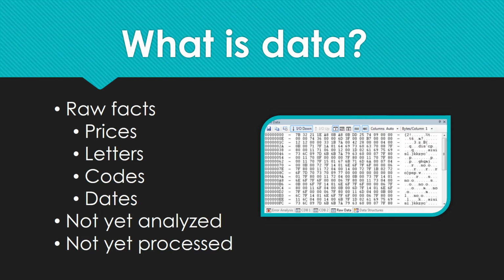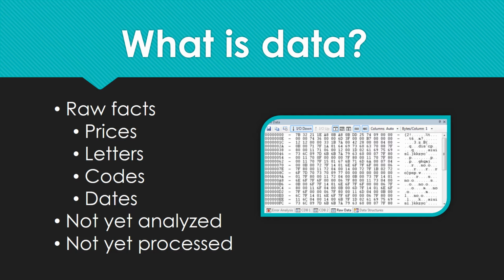What is data? This is something that we talked about at the very beginning of this class, and we talked about how it is a stream of raw facts. These facts can be prices, they can be letters, maybe names of streets or schools, or any sort of location or name of something.